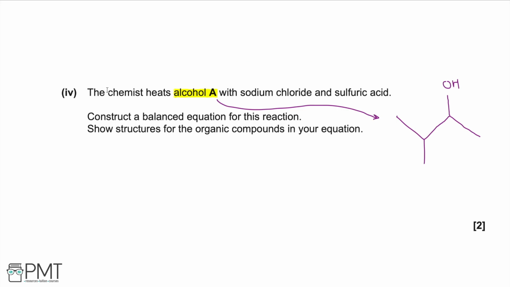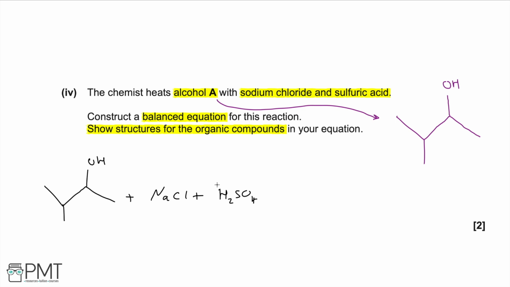We're told here that the chemist heats alcohol A with sodium chloride and sulfuric acid. We need to construct a balanced equation for this reaction, and we need to show structures of the organic compounds in the equation. So we know that we're heating alcohol A with sodium chloride and sulfuric acid.